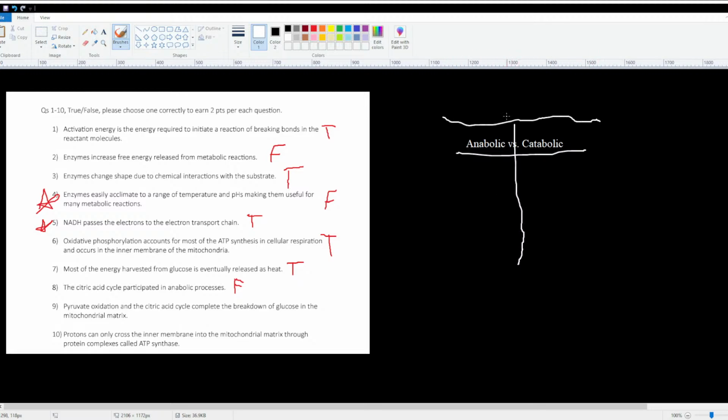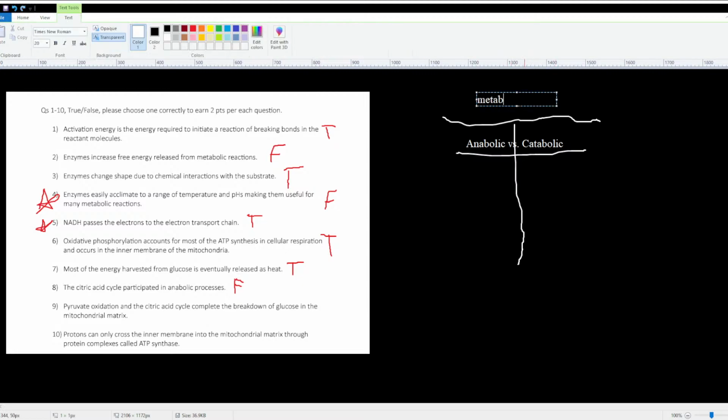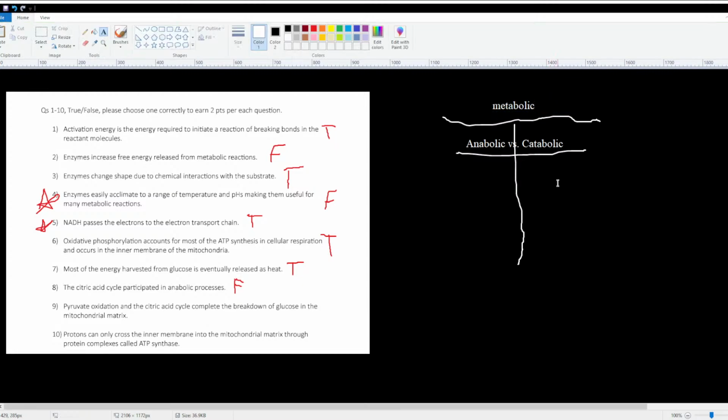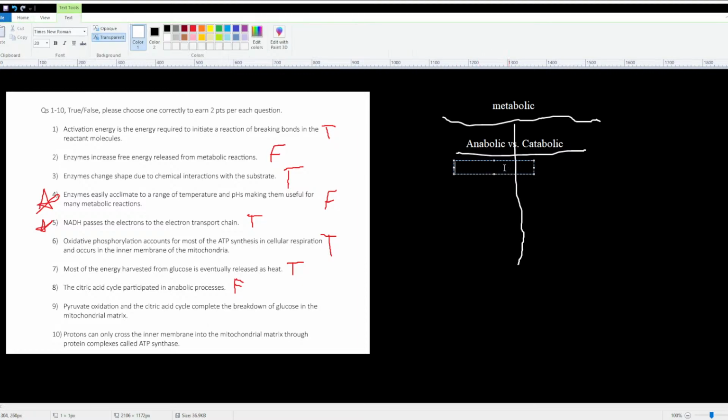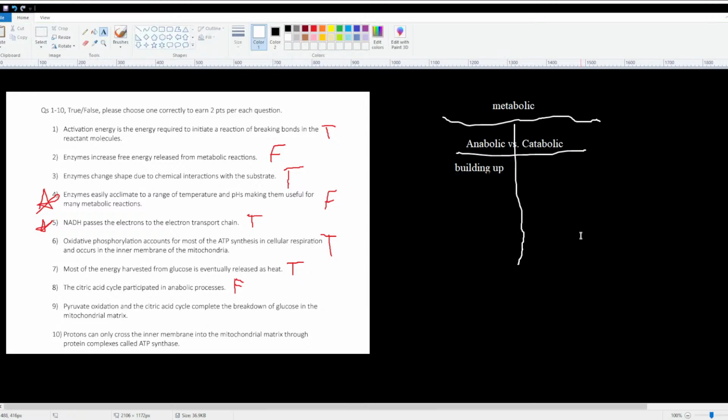Both processes are, of course, metabolic. That's metabolic. So both these processes are metabolic, but what are we doing in these processes? So anabolic, we are building up molecules.